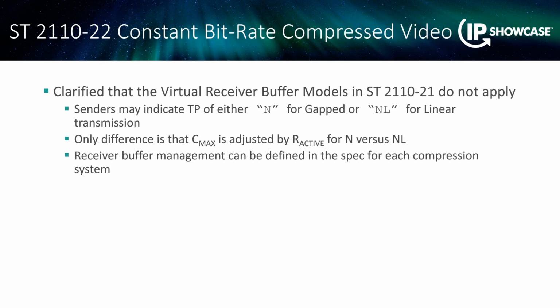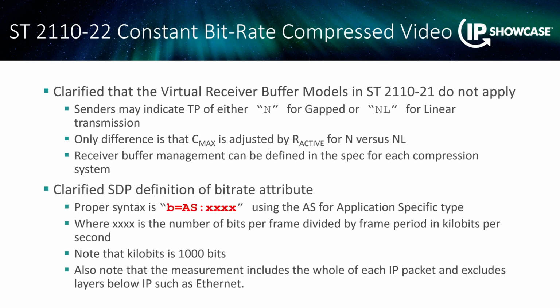But we can have the narrow or the narrow linear, the gapped or the ungapped, and we can basically use very, very simple buffer management for the compressed stream. We also clarified that the bitrate parameter for the constant bitrate video is basically the number of bits in a frame time divided by the duration of that frame. Fairly simple stuff.